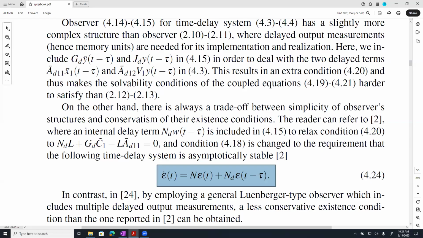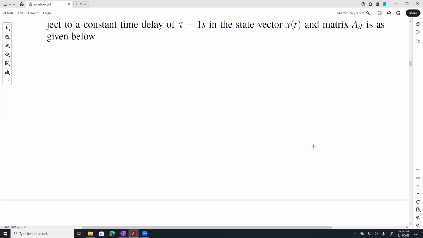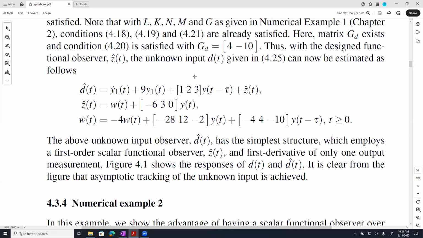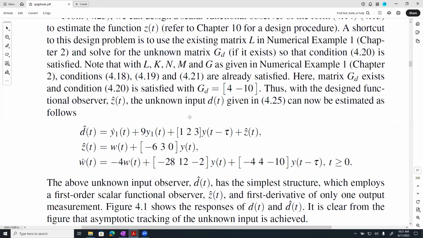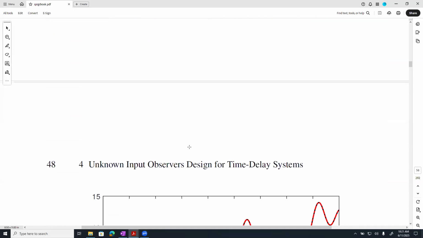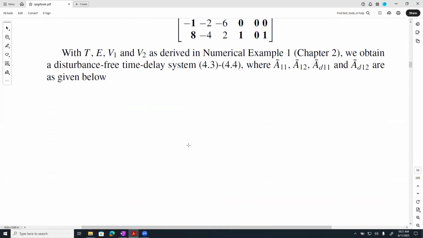So that is option 2. And when you look at chapter 4, we look at examples and all of that just to show that we can actually realize and estimate the unknown input using various structures by exploiting different options.